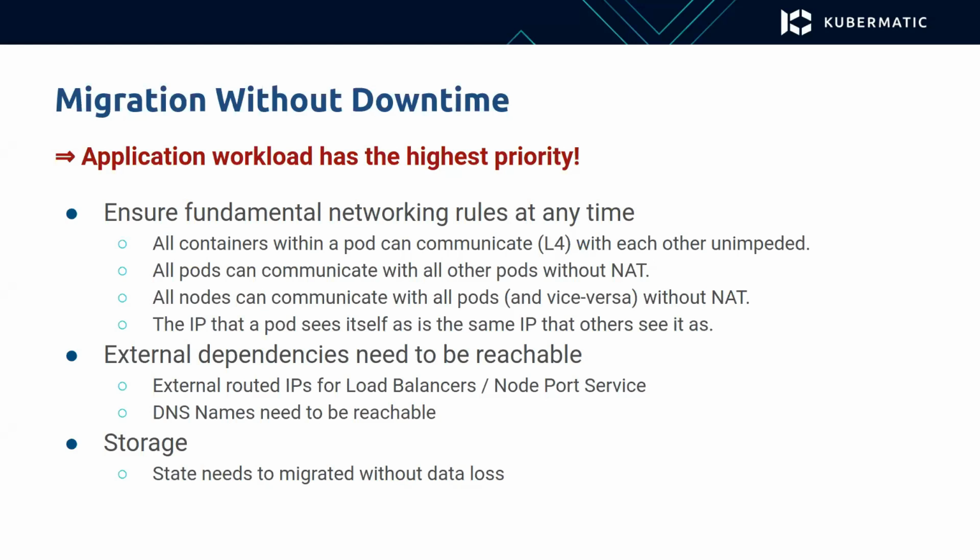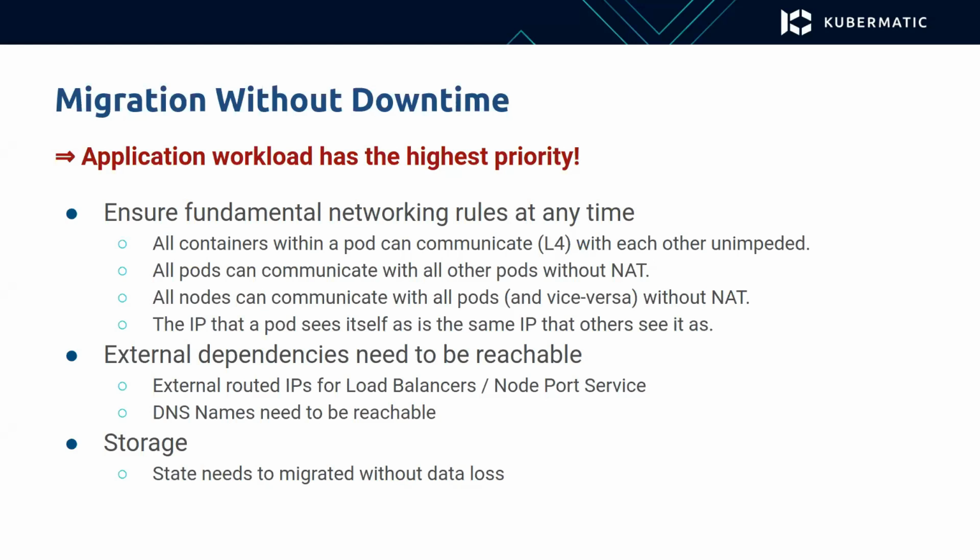All pods need to be able to communicate with all of the other pods in the cluster. All of the nodes need to be able to talk with all the pods in the cluster. And the IP that each pod sees itself as needs to be the same IP that all the others see that pod as.